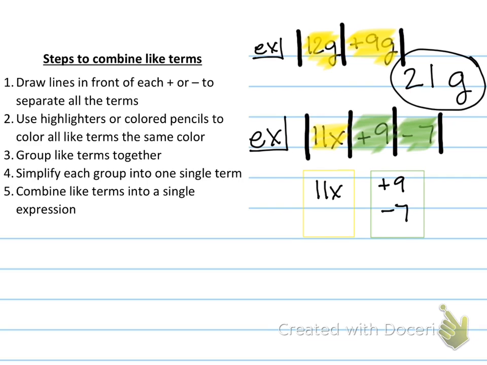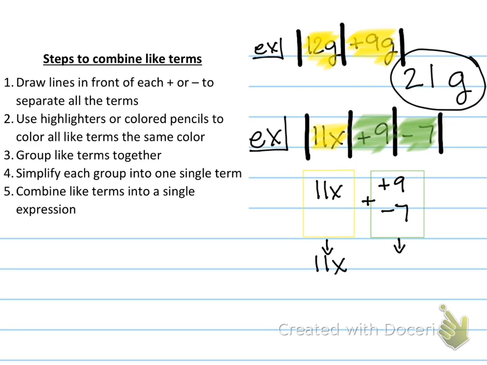And then I'm going to do step number 4, where I simplify each group into one single term. And what this means is, in this yellow box, all I have is one term, so that's going to be 11x. But in this green box, I see positive 9 and negative 7. So I can add those together. All I'm doing is adding.